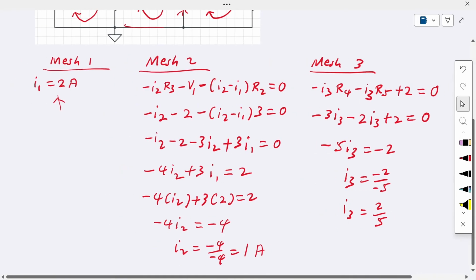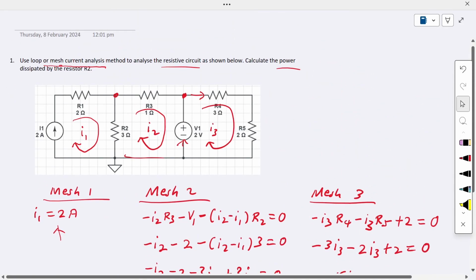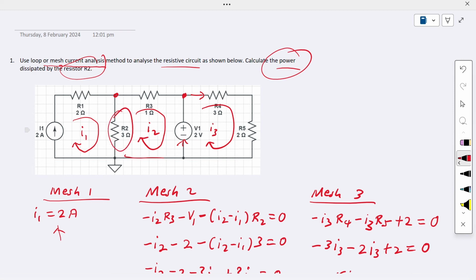So now what we want to know is the power dissipated in R2, this one. From I1 and I2 we have two currents, remember? In this R2 here, we have I1 going down, and then we have I2 going upward. So that means the net current is equal to I1 minus I2.